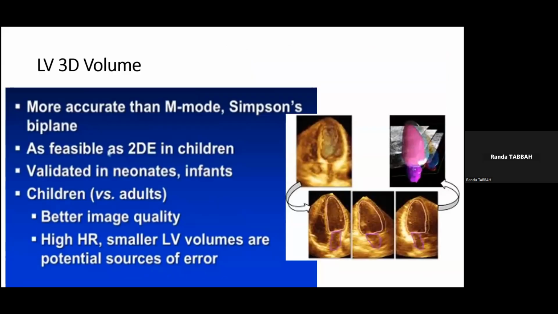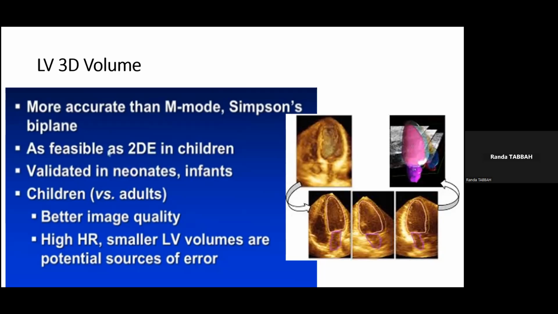And as I was saying, the 3D volume could give us a better idea of the ejection fraction more than the M-mode or the Simpson evaluation of the volumes normally, and it is even used and validated in neonates and infants, okay?